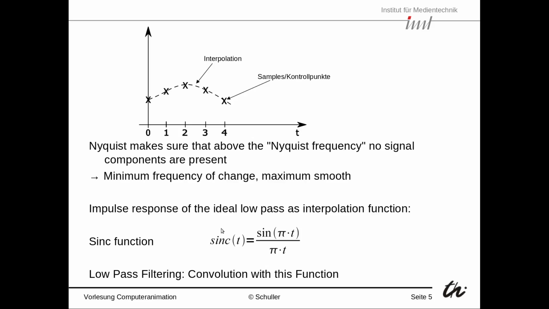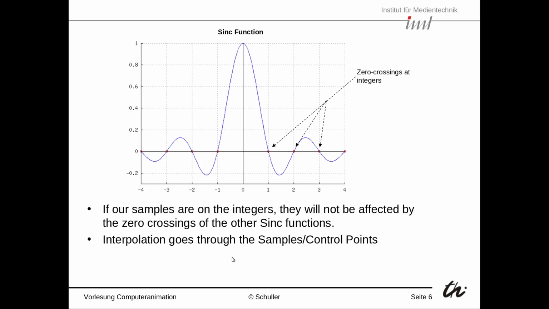So this is the Sinc function that we need to use: sine of pi t divided by pi t. Low-pass filtering means a convolution of our sample points or control points with this function. Here we can see the Sinc function plotted, and the integer values are the positions of our samples or control points.